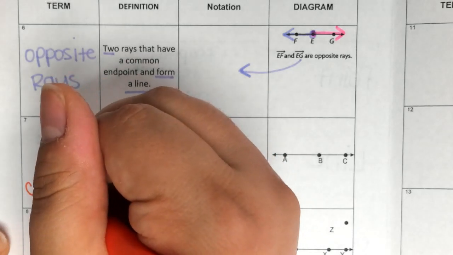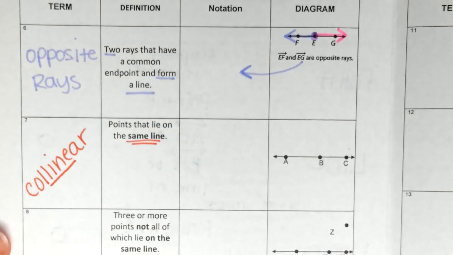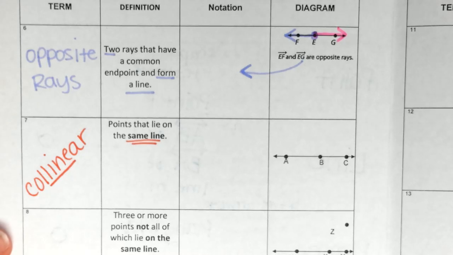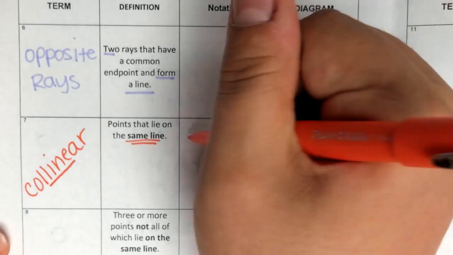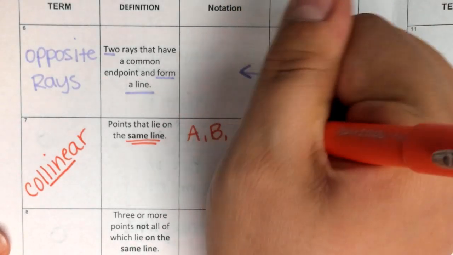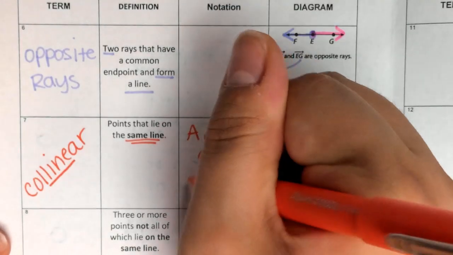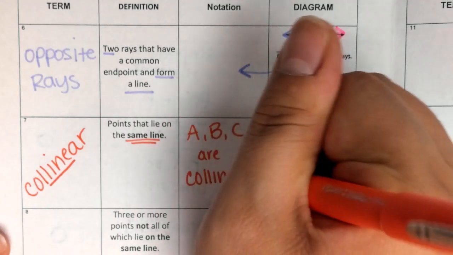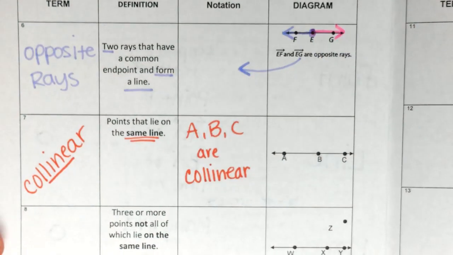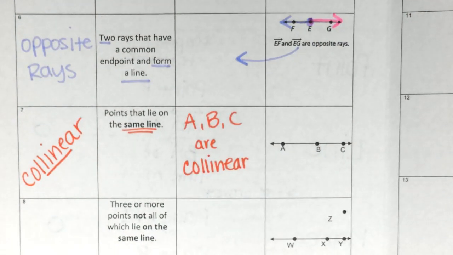What word is in the middle of collinear? Linear and line. So collinear means on the same line. So you would say A, B, and C are collinear. They are on the same line.